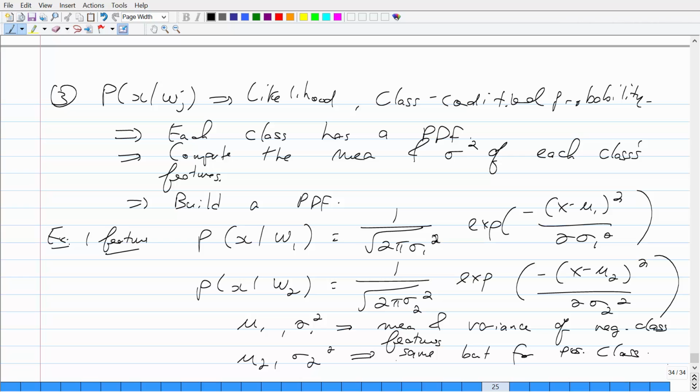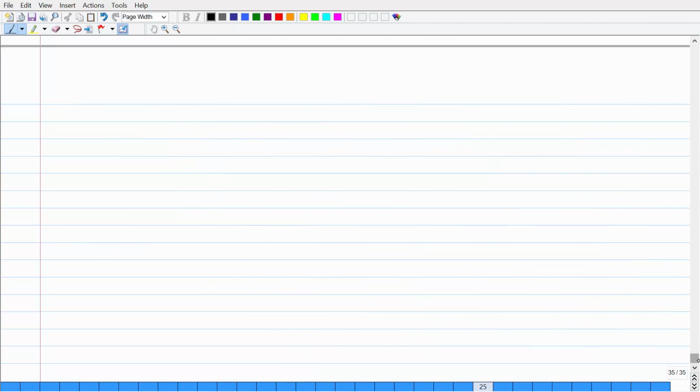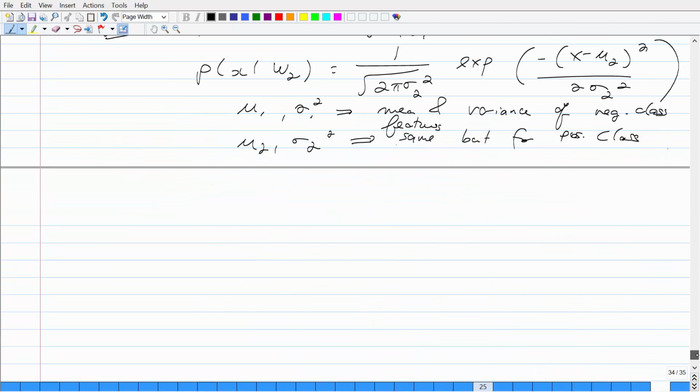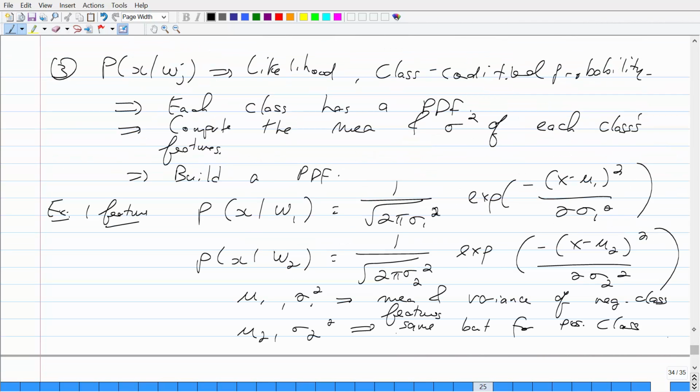So that's how you build a likelihood. You're computing the mean and the variance of the features that belong to the positive class and the features that belong to the negative class, and then you build a PDF for those. So you're building a discriminant, a model for that.